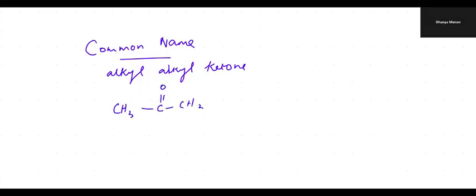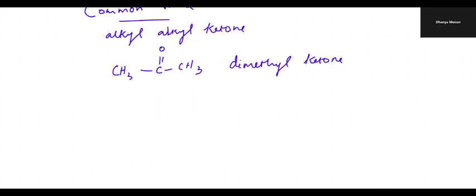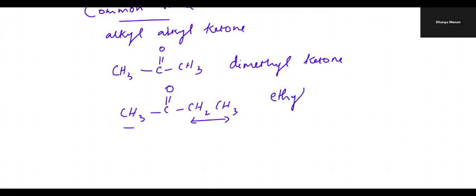This is dimethyl ketone because both are the same. Also, I have CH3COCH2CH3. Here there's an ethyl group, here there's a methyl group. So definitely I'll write according to alphabetical order: ethyl methyl ketone.